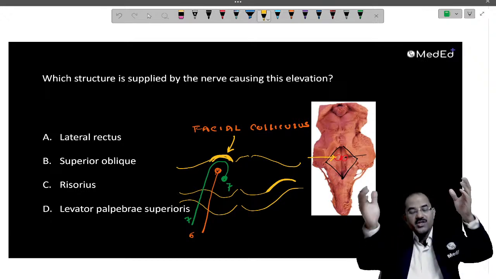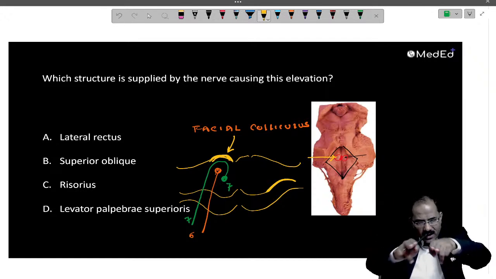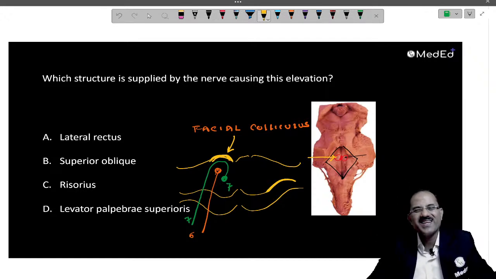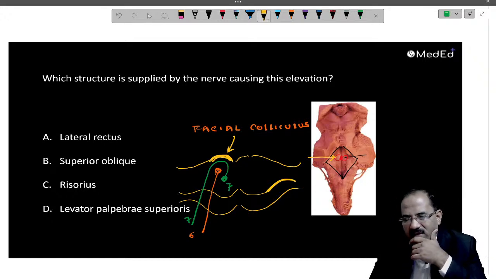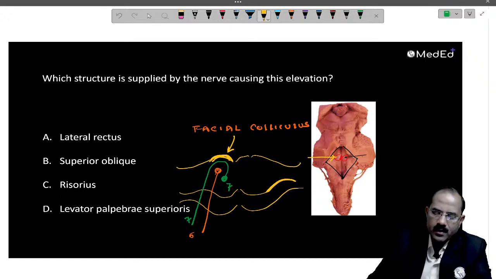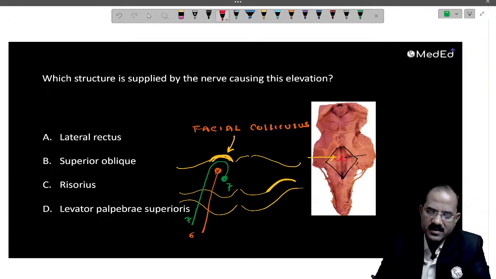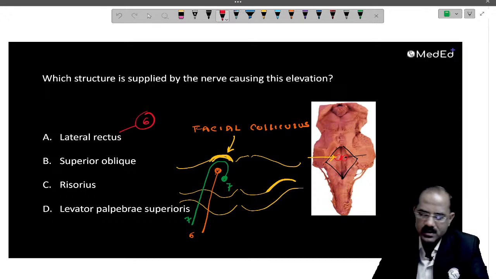So how is the facial colliculus formed? Bacho, the facial colliculus is formed by the fibers of the facial nerve as they wind around the abducens nucleus. So what are the fibers of the facial nerve going to supply in these options? Lateral rectus is supplied by the sixth nerve.